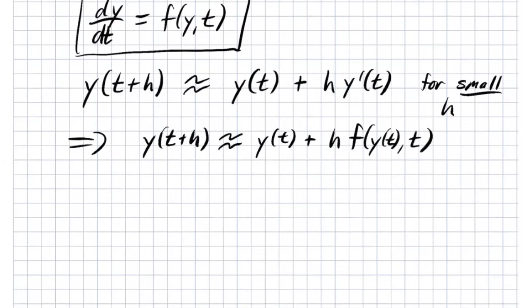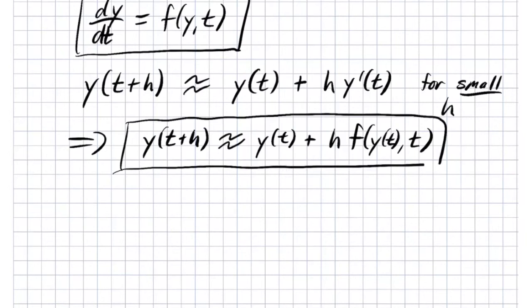That gives us an approximation of y at the next step. So you just step along with small h, and you get a bunch of approximations for your value of y at different times. That gives us a bunch of data points. We could plot a curve through those data points, and it gives us a pretty good idea of what the solution of this differential equation is. All right.